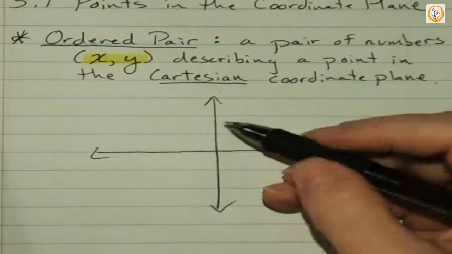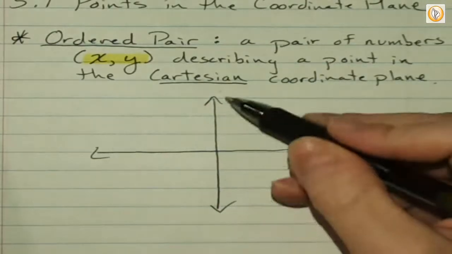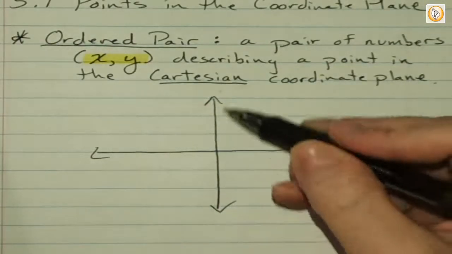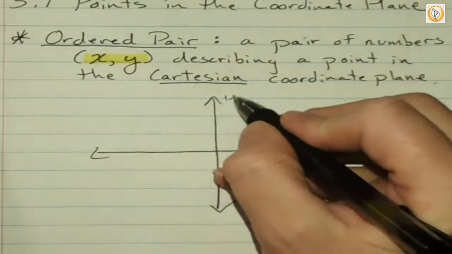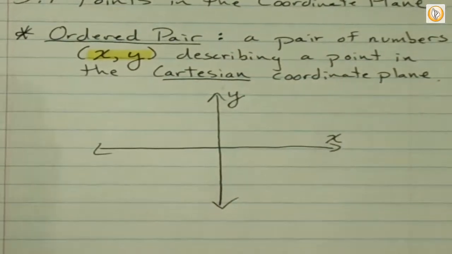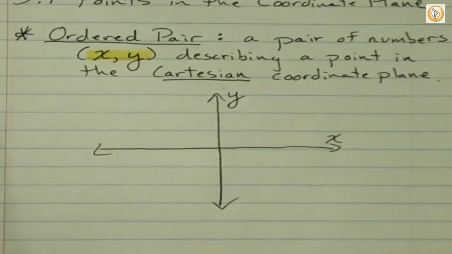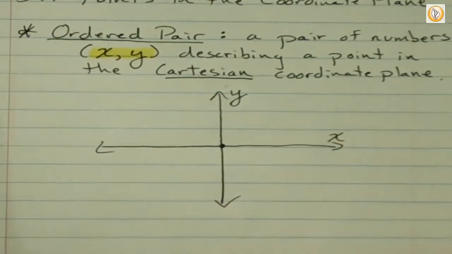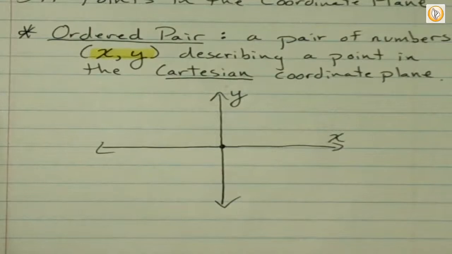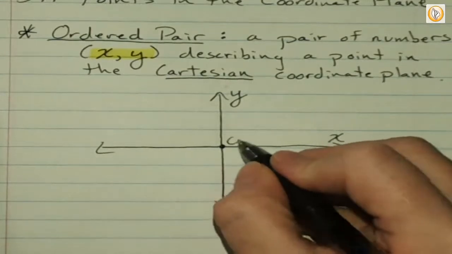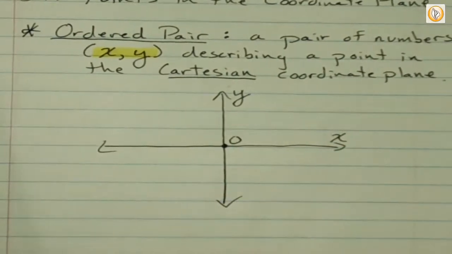So then, therefore, this axis is your Y axis. The center point, raise your hand if you can remember, Cecilia. 0. Excellent.